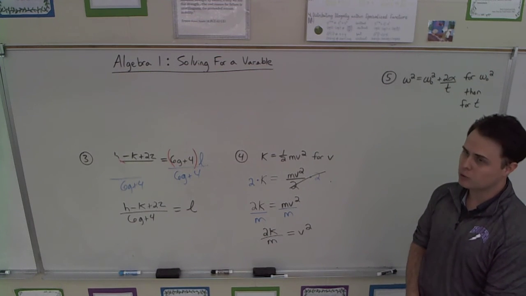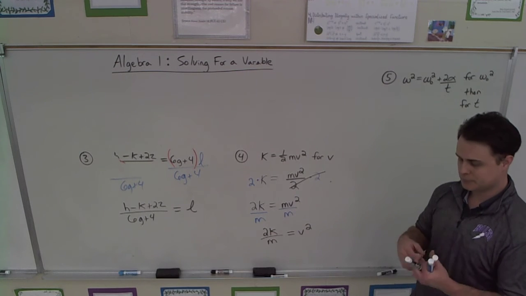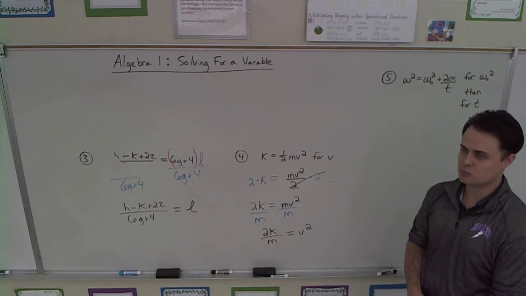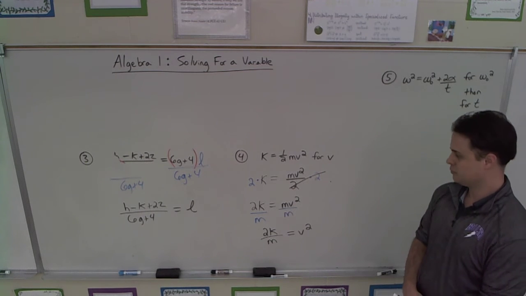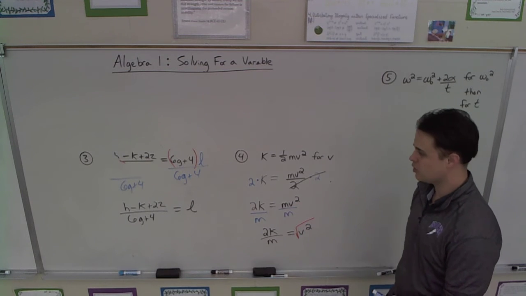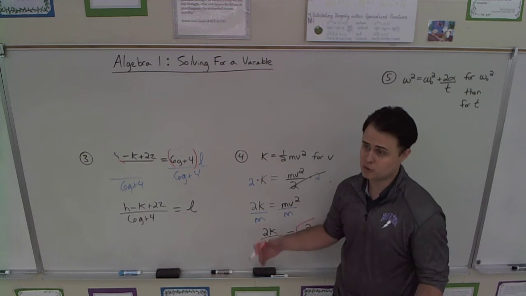Does anybody know how to remove squared? Divide. It's a different operation. It's not add, subtract, multiply, or divide. Square root gets rid of squared, just like multiply gets rid of divide.